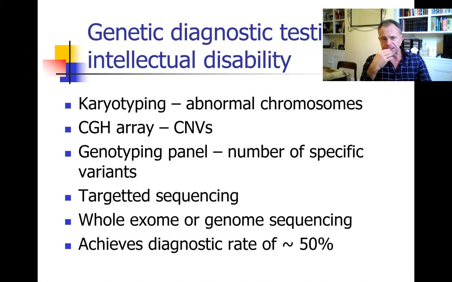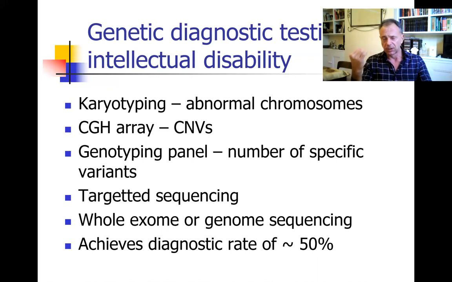And then just to say where we are nowadays in terms of being able to make a genetic diagnosis. If a child presents with developmental disability, including intellectual disability, then there's a number of techniques that can be used.